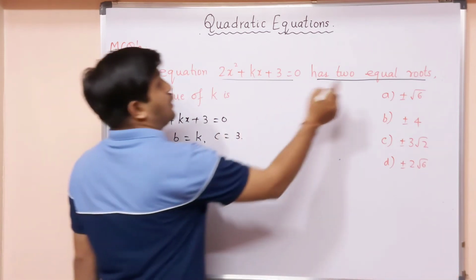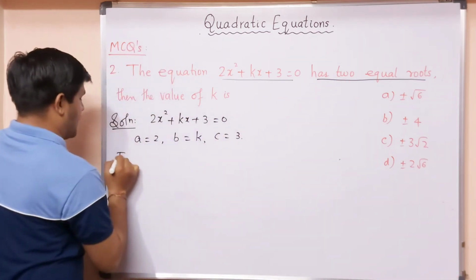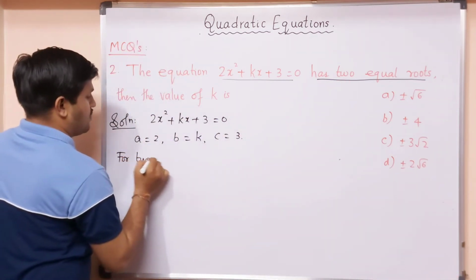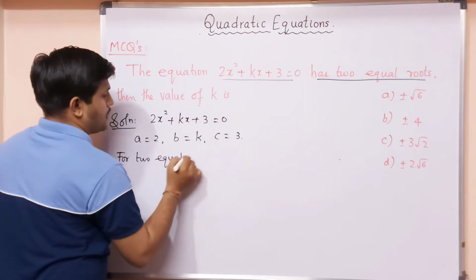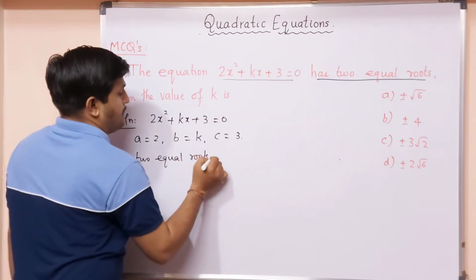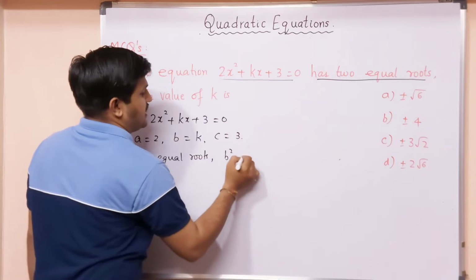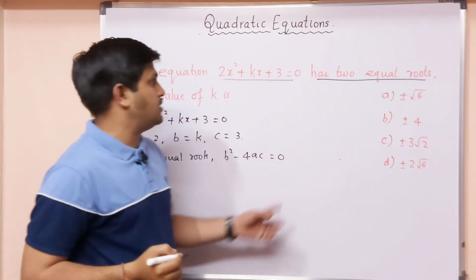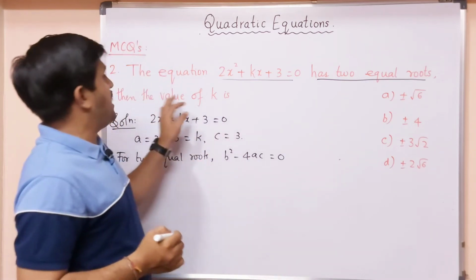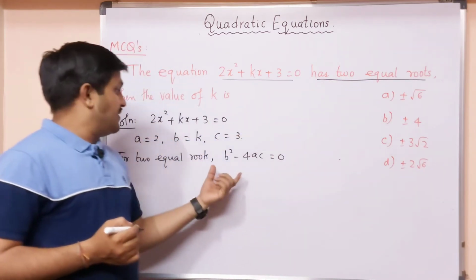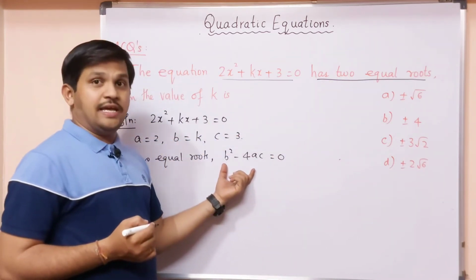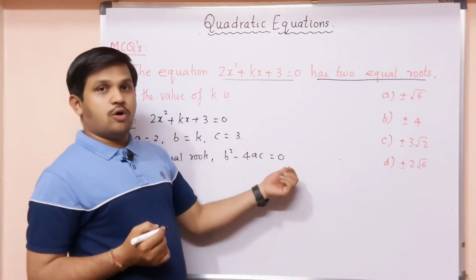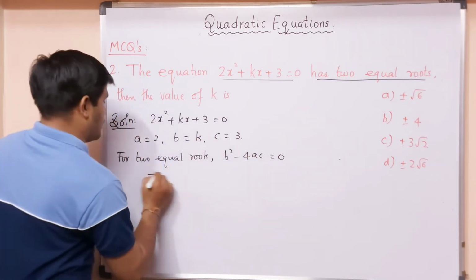For two equal roots, we know the condition that b square minus 4ac has to be equal to 0. That is what we have learnt in the nature of roots: if the quadratic equation has two equal roots, the discriminant D, which is b square minus 4ac, is equal to 0. Now apply the condition here.